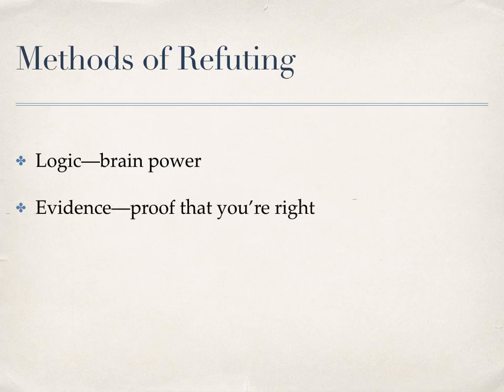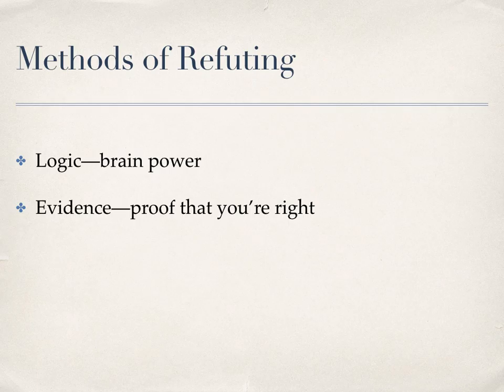The next method is evidence, and this may or may not require more research, probably more than surely logic. And it's the proof that you're right. You're saying this person is wrong because, and you might quote the Bible. You might quote a news source.